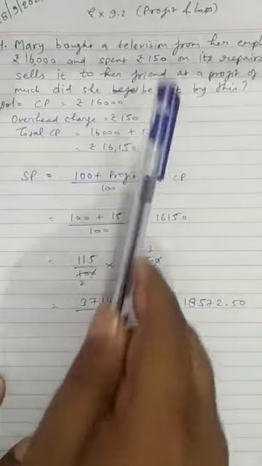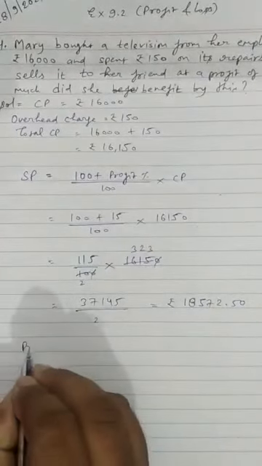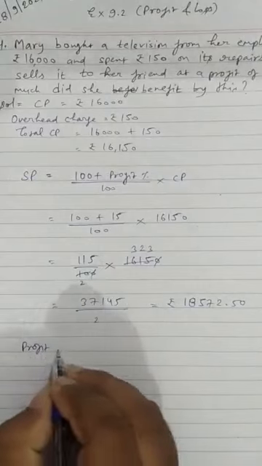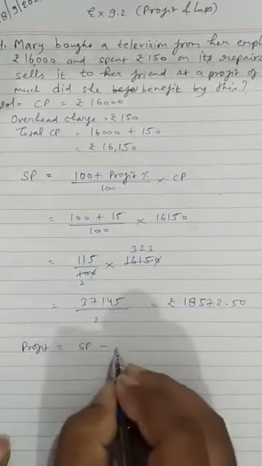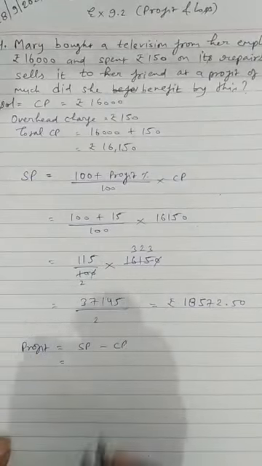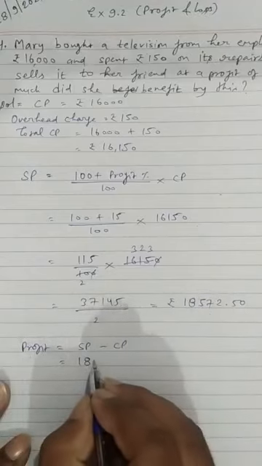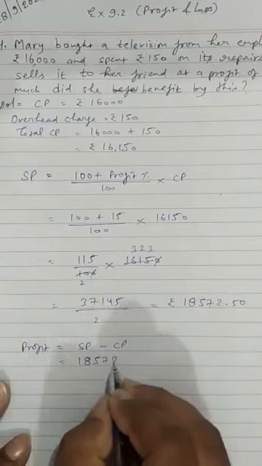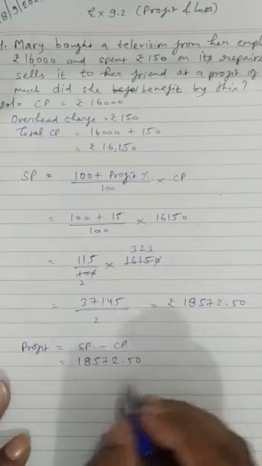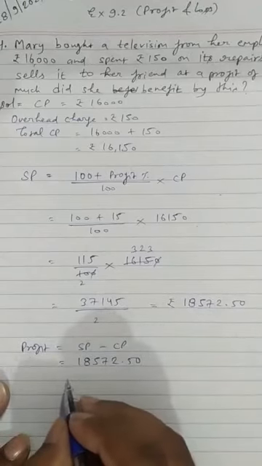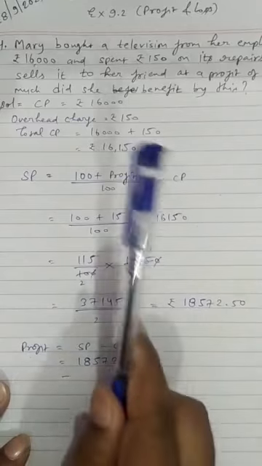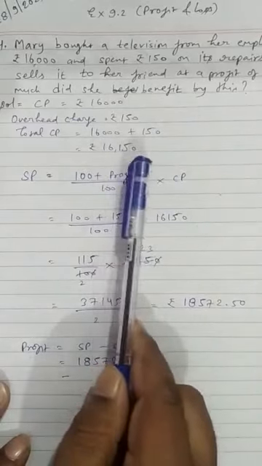Now benefit means profit equals to SP minus CP. SP is this one, 18572.50 minus 16,150.